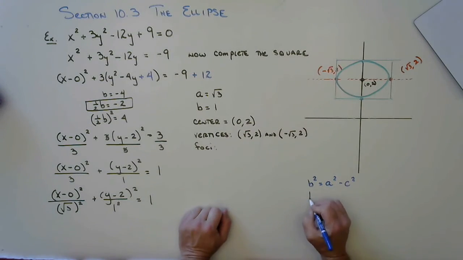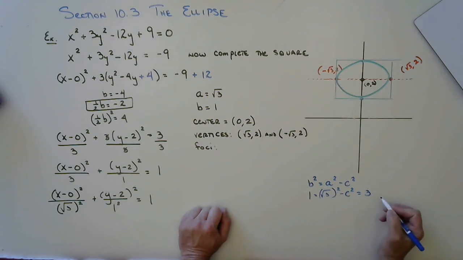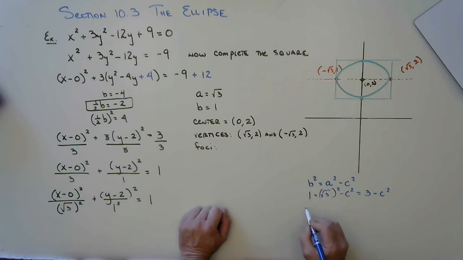So 1 squared equals square root of 3 squared minus c squared. Now, square root of 3 squared, of course, is just 3. Minus c squared. We're going to move the 3 over here. Negative 2 is negative c squared. C squared equals 2.